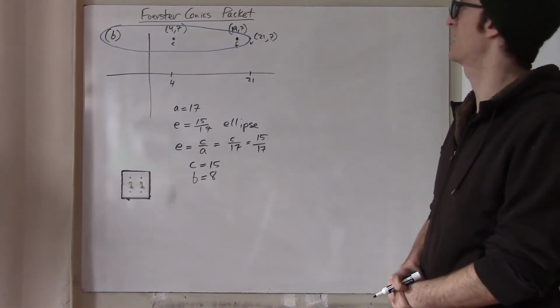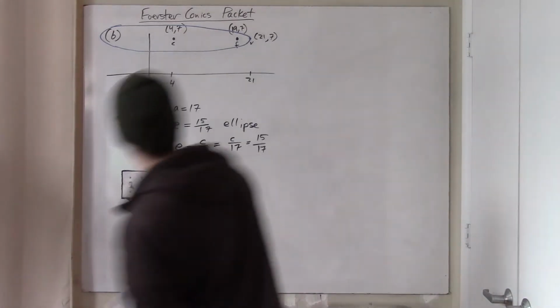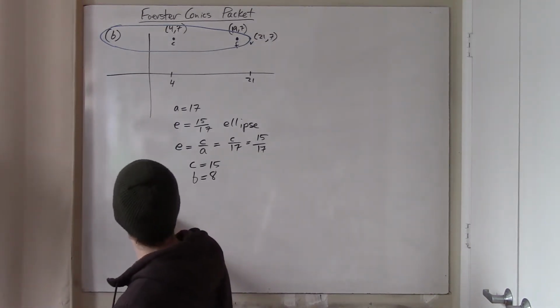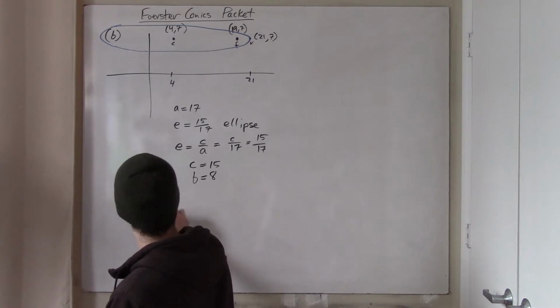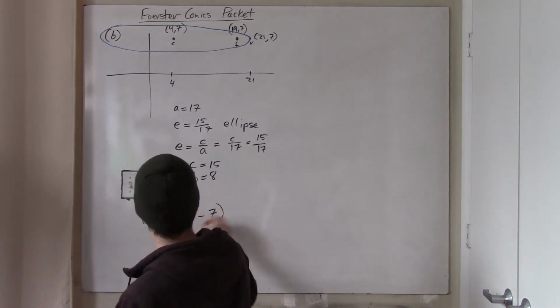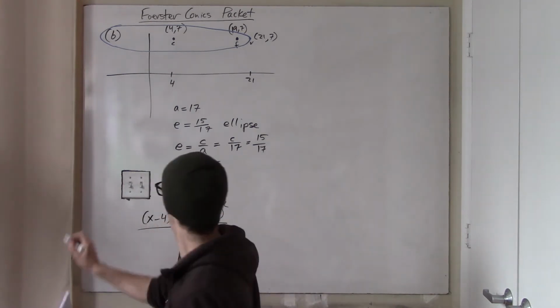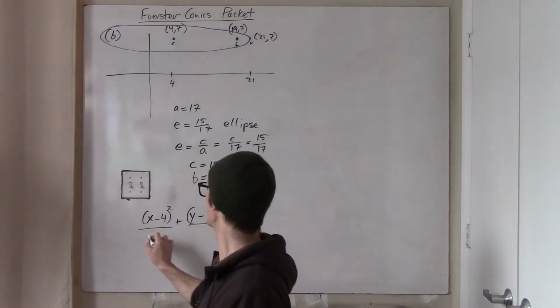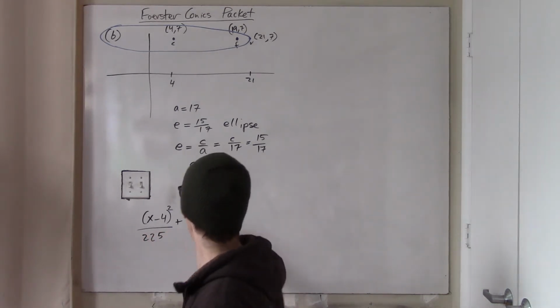Well, that's it then. I'm done, because I know that this is an ellipse. It is horizontal, so it's (x - 4) squared plus (y - 7) squared. And x is being stretched out by a factor of 15, so that's 225.